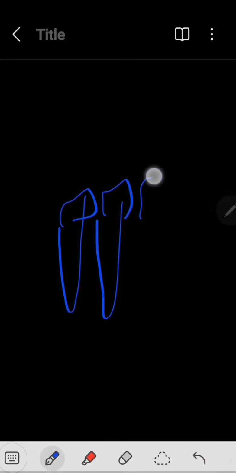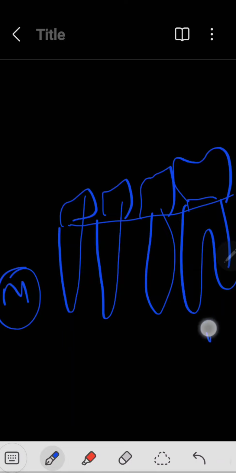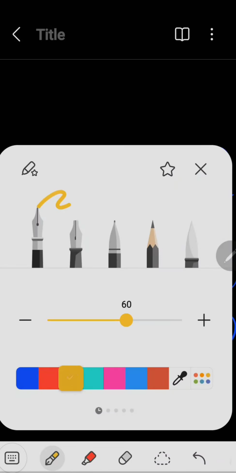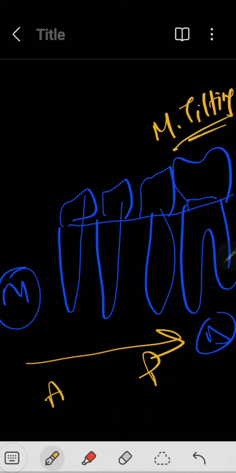When the teeth are aligned in such a way that this is the mesial side, this is the distal side, whenever we go from anterior to posterior, the mesial tilting of molar is more.